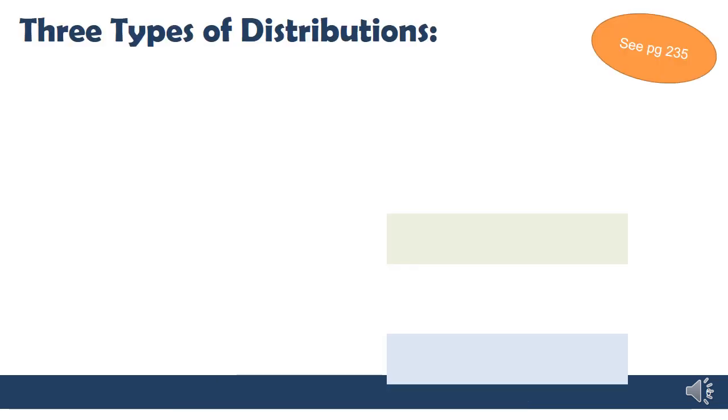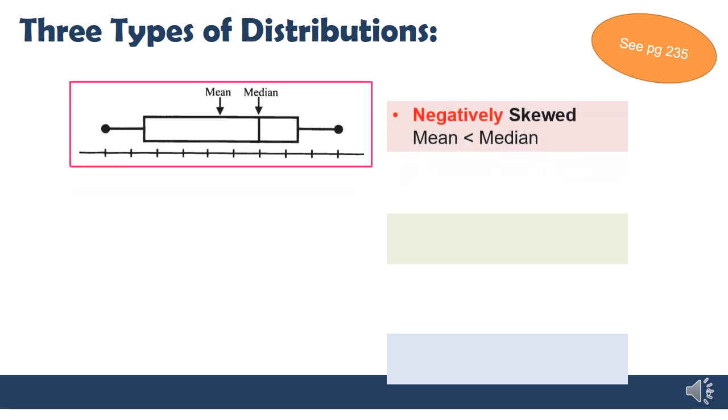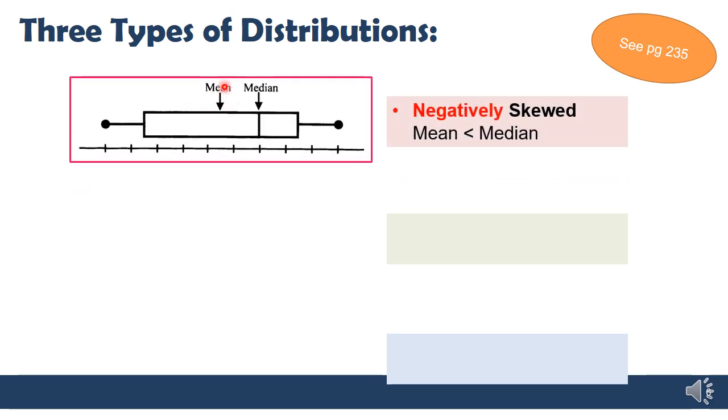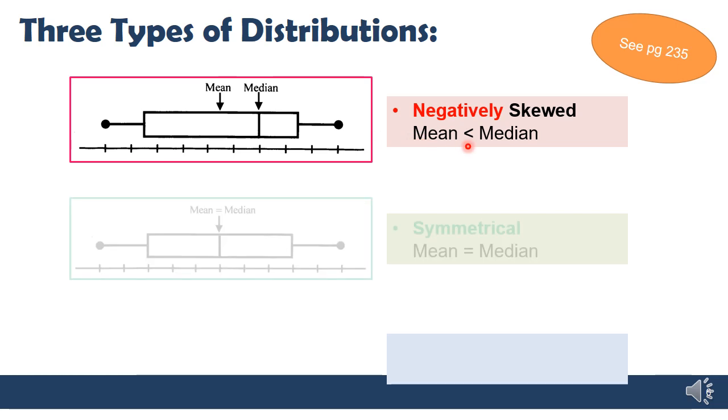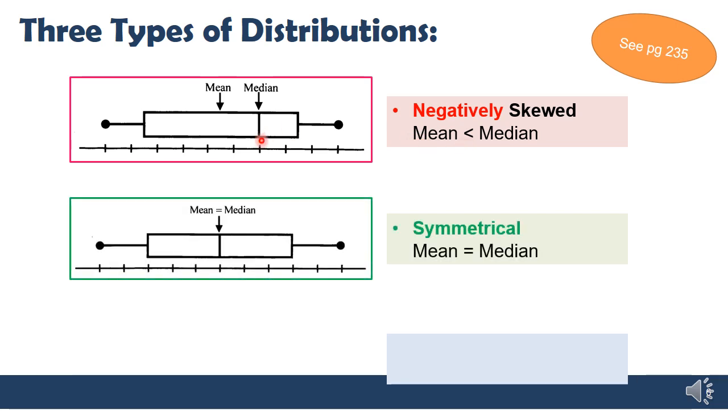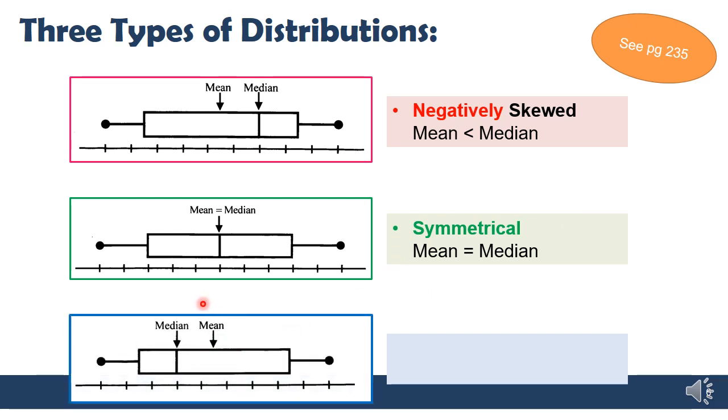So we've looked at two types of distributions already. We know that when the mean is less than the median, the data are negatively skewed. When the mean is equal to the median, like in our 10.1 example, the data is symmetrical. And if the mean is greater than the median, we say that the data is positively skewed.